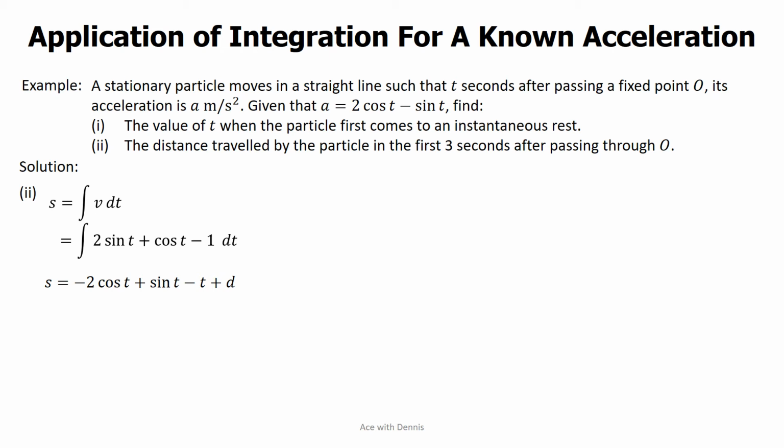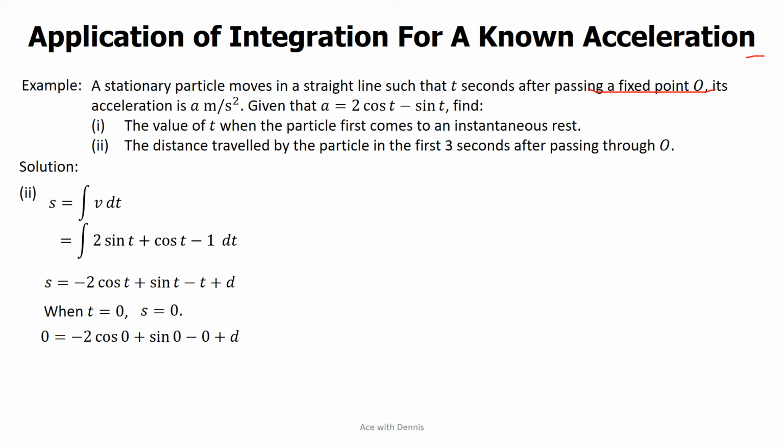Now we want to find the constant d. When t equals 0, s equals 0 because it is passing the fixed point O when it first starts the journey, as mentioned here. So don't forget to substitute t equals 0 and s equals 0 into the equation before making the conclusion that d equals 0, because in this case d is not equal to 0.